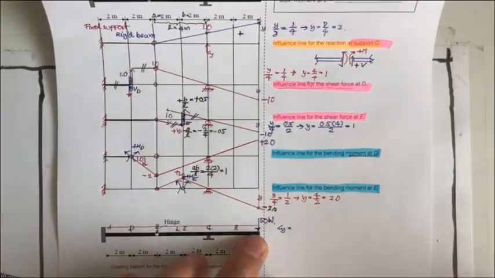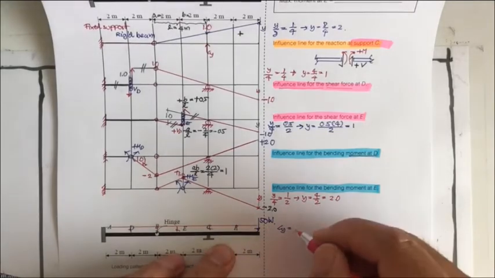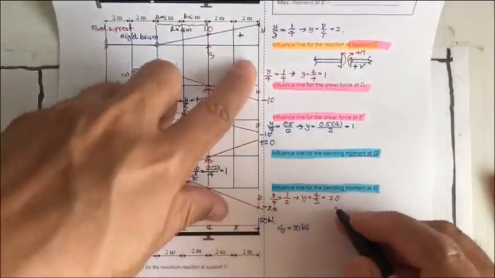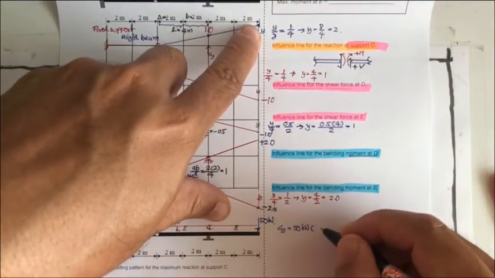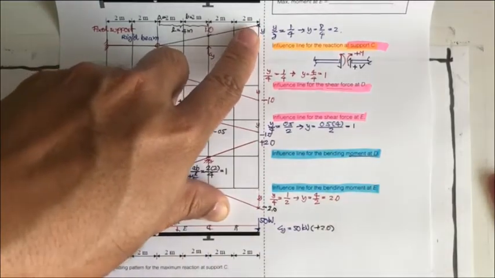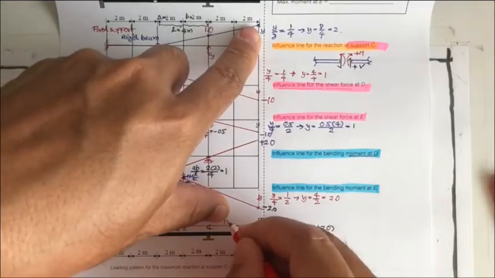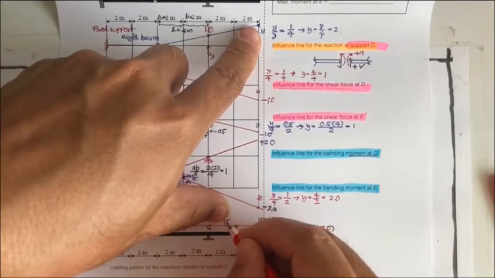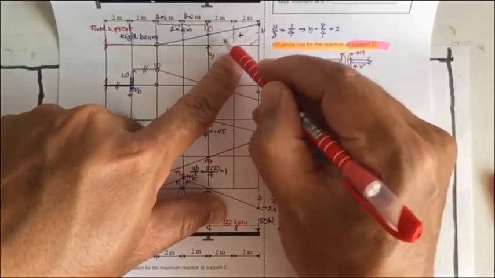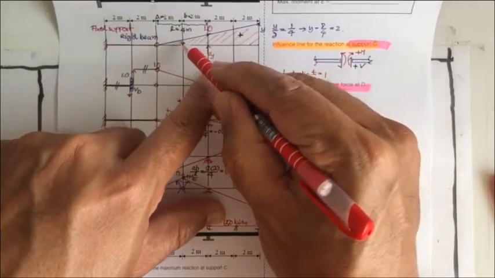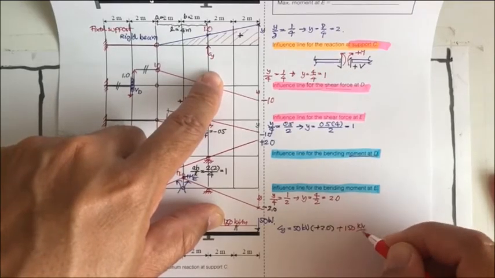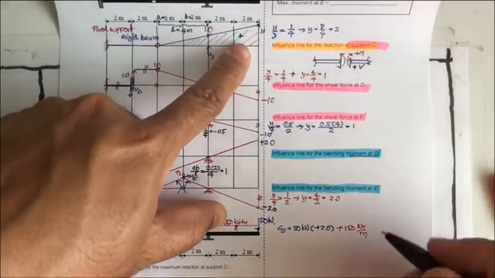And then recall that the point load is going to be multiplied by what? Multiplied by the coordinate. Okay, the coordinate here is 2, so it's going to be times 2.0. Okay, and the uniformly distributed load, sorry, is 150 kilonewton per meter. It's going to be multiplied by the whole area of this influence line diagram. So it's going to be plus 150 kilonewton per meter, and the whole area is what?